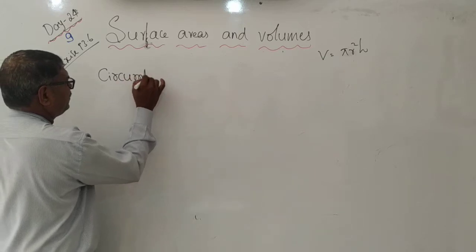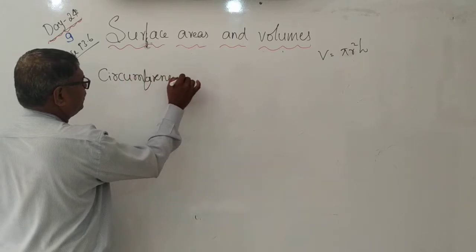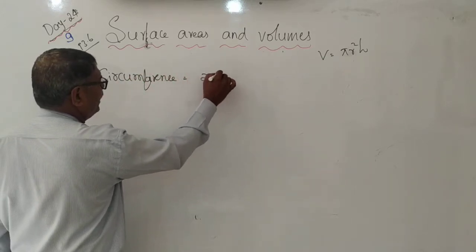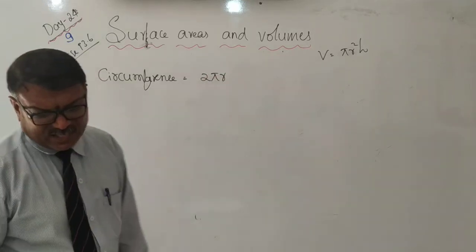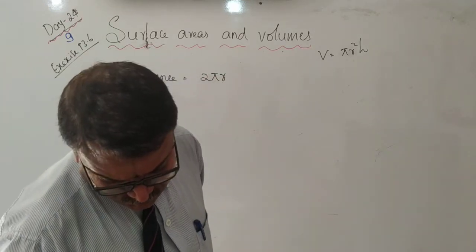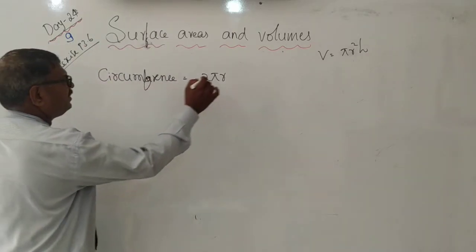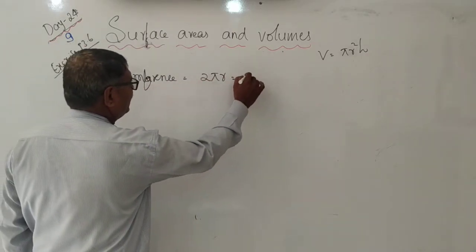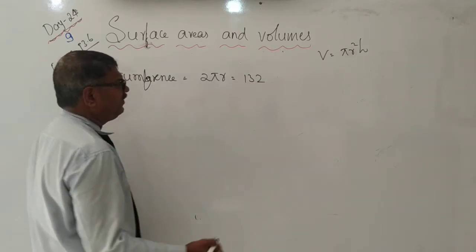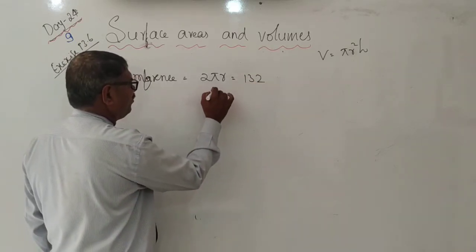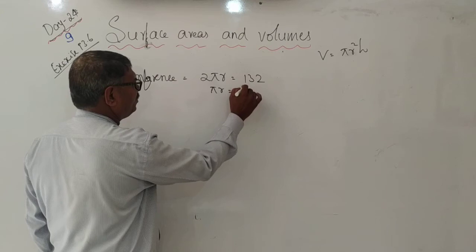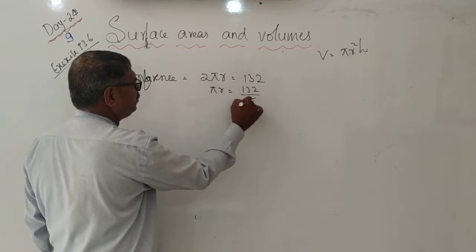Circumference is equal to 2 pi r. How much has he given as circumference? 132. Now pi r is equal to 132 divided by 2.